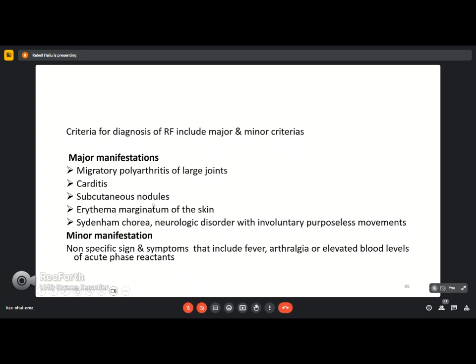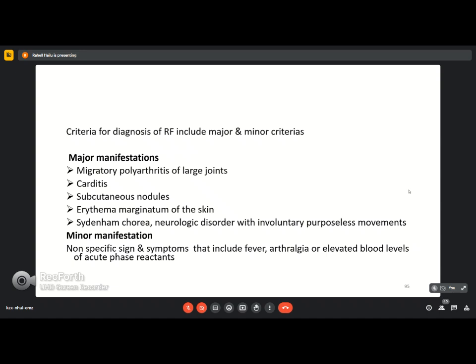So the criteria to diagnose rheumatic fever is called Jones criteria. We have the major manifestations and minor manifestations. The major manifestations actually show that it is much more of a systemic disease, an antigen antibody reaction. It cross reacts in other areas like the joints, the subcutaneous tissues, the skin, even the nerves, in chorea. So you will see systemic autoimmune manifestations.